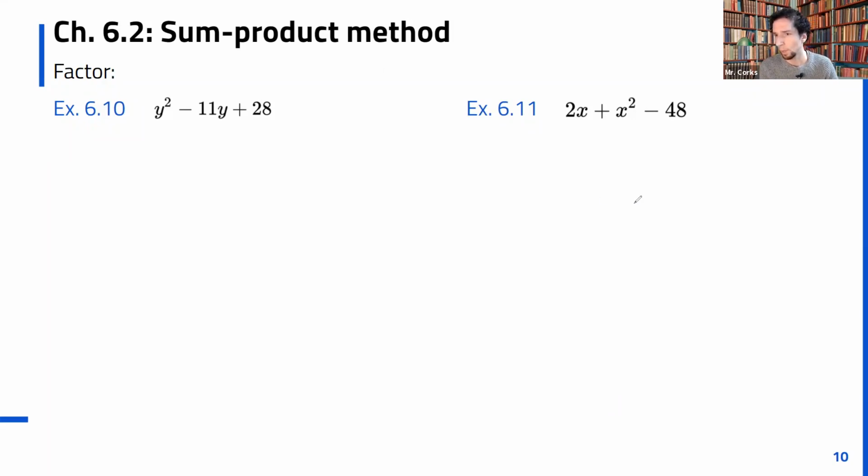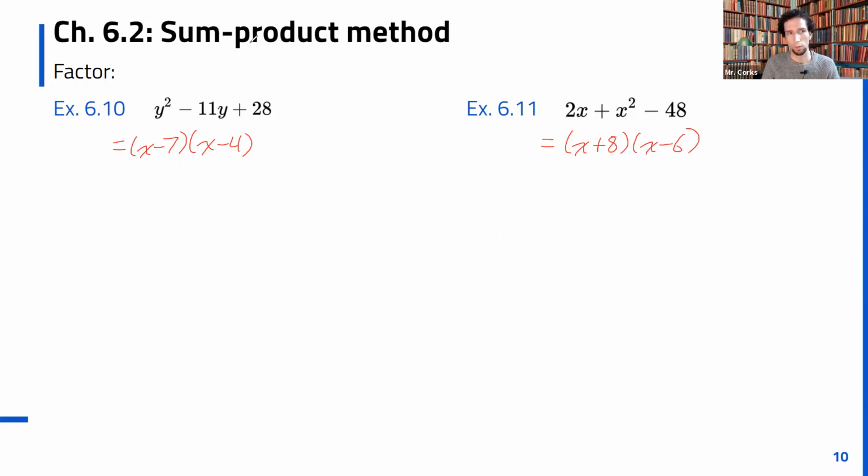Anyways. Okay, we have solutions from lots of people here. The one on the left is x minus 7 and x minus 4, and the one on the right turns into x plus 8 and x minus 6.